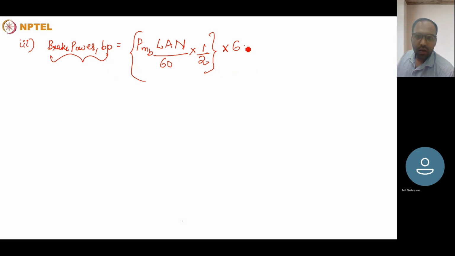So from this we can calculate the mean pressure, the brake mean effective pressure.